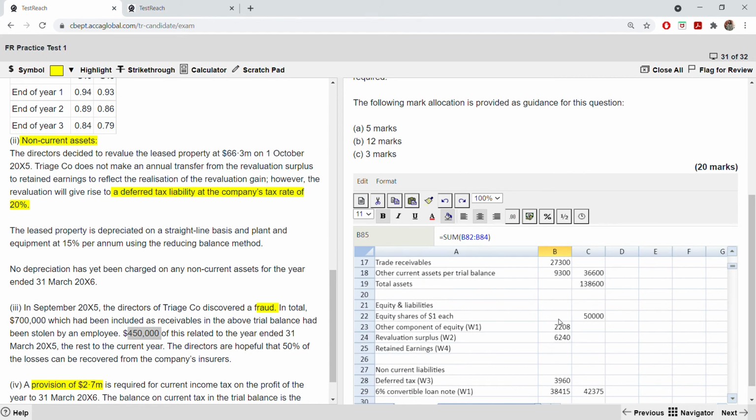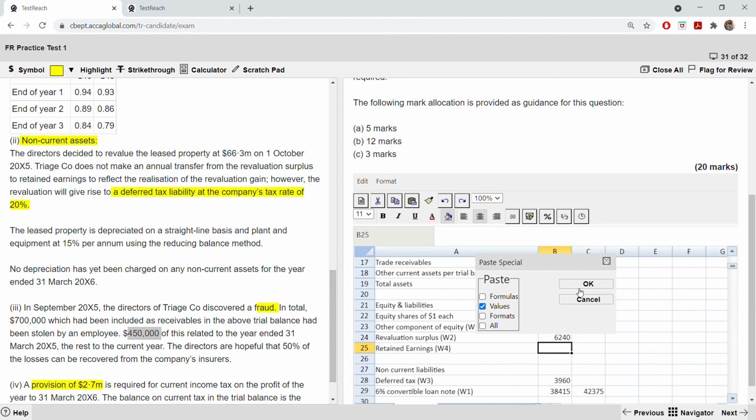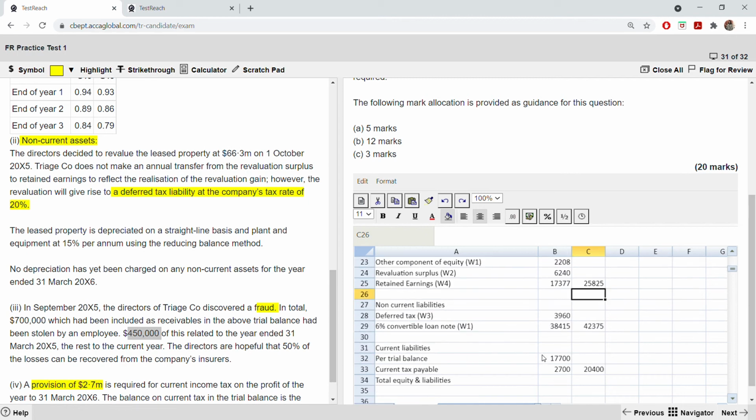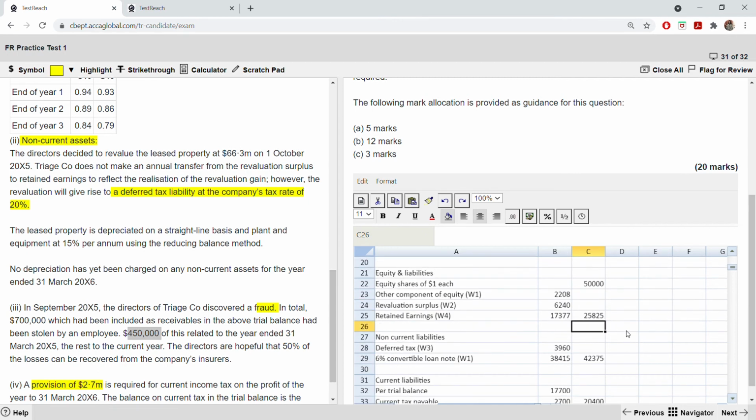Here, paste special, value. Now sum the total of all these three. Now is the time you will know whether it balanced or not. Equal to sum again, so you're adding this with this.